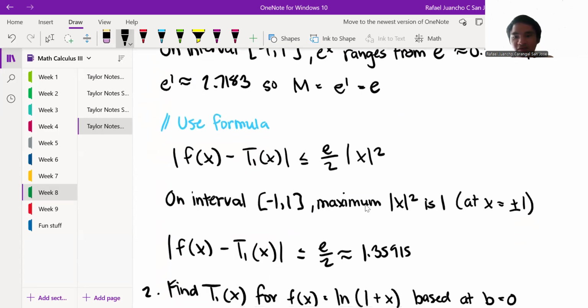And then from here, on this interval, I find the maximum of whatever's inside this thing.